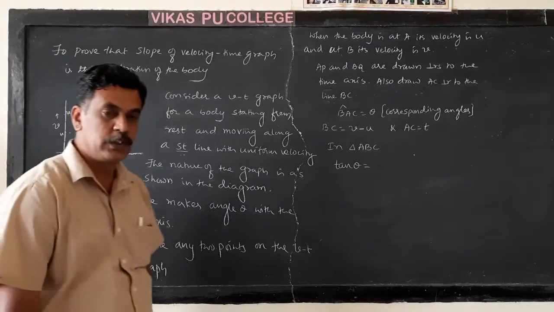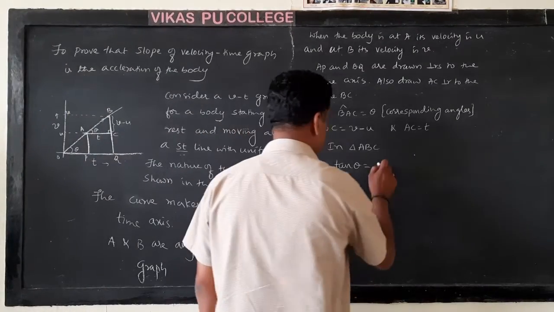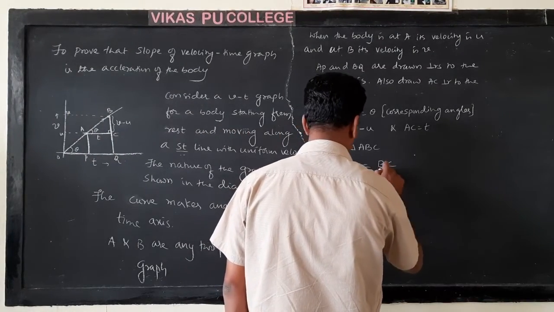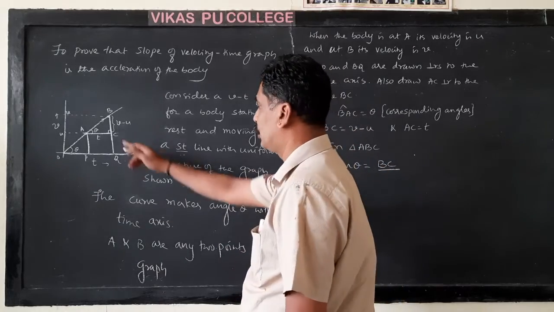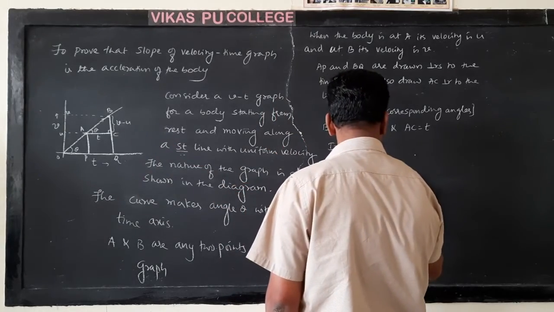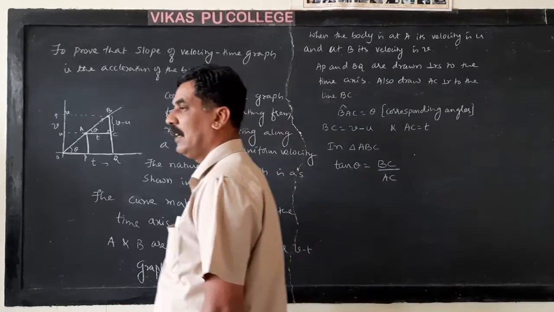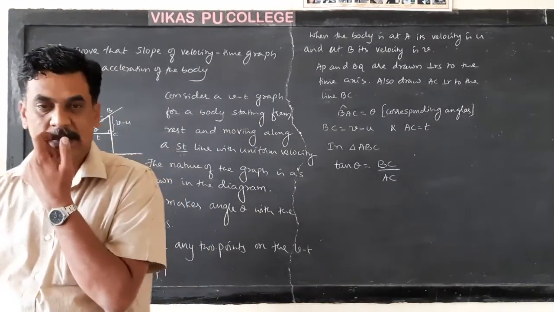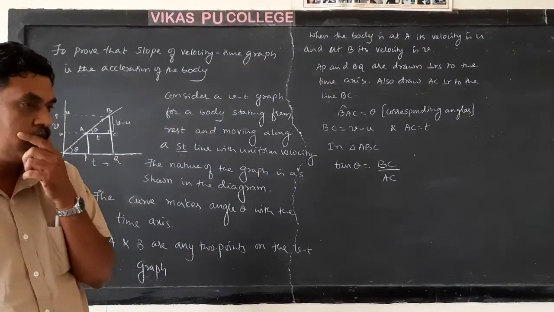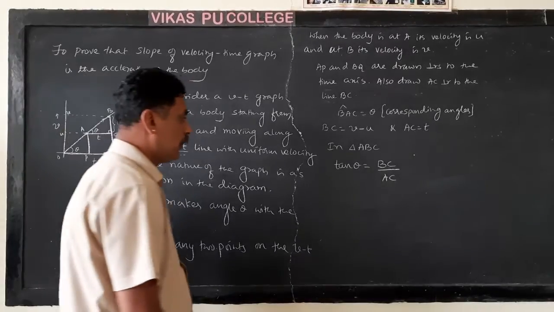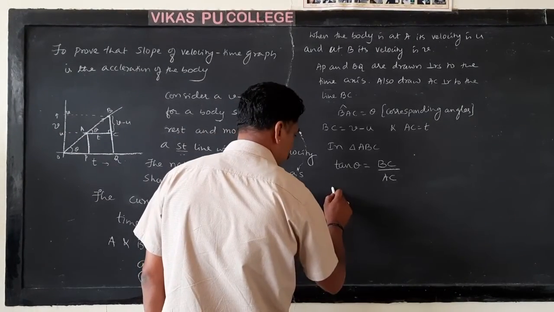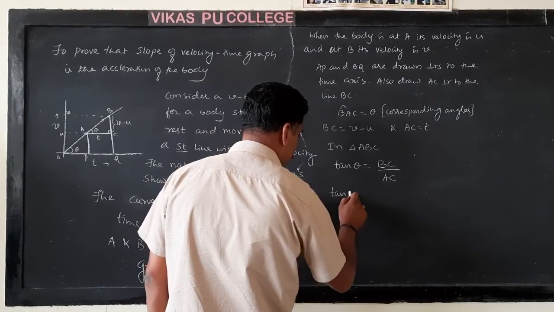The side opposite to angle theta is side BC. The side adjacent is side AC. AC is the side adjacent to angle theta. So now tan theta is the slope of the line.